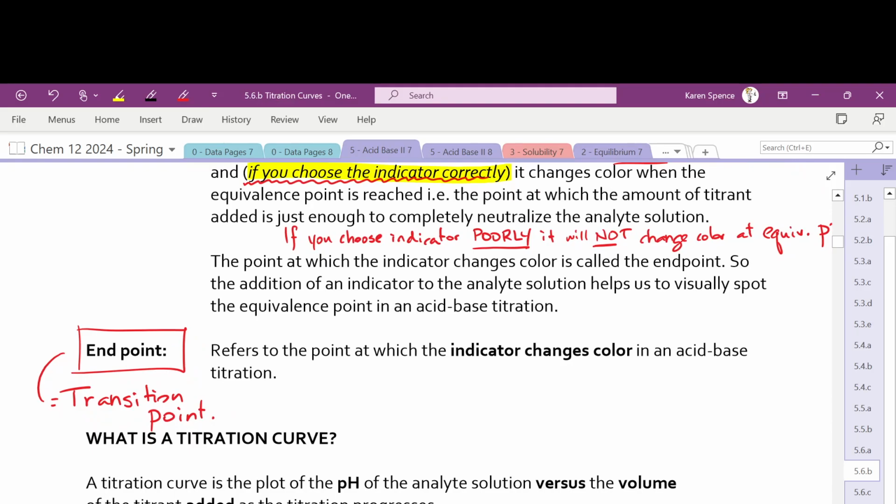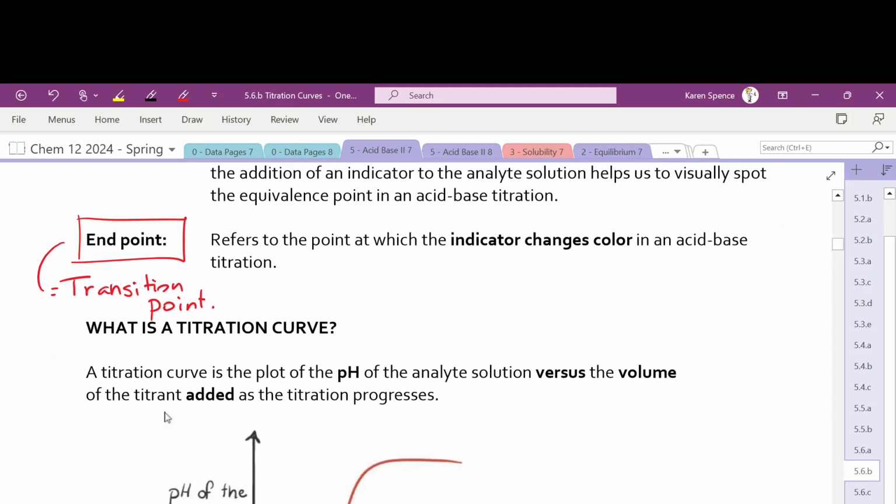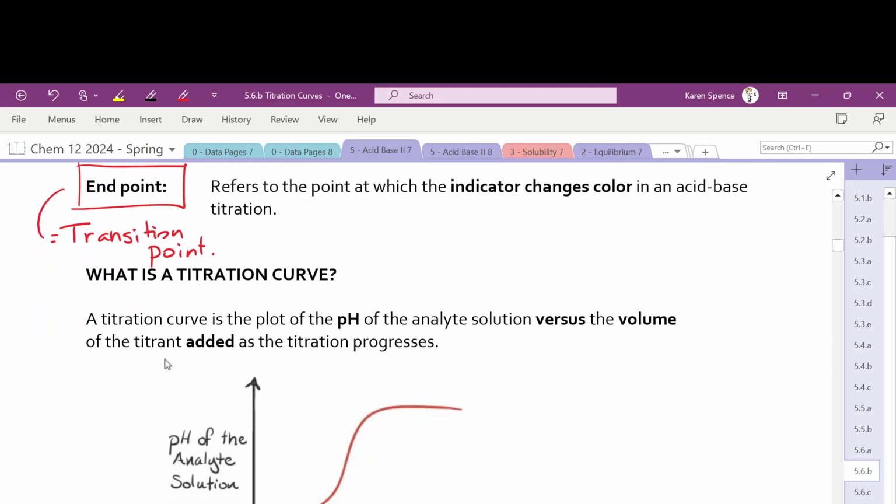So what is this titration curve? Well, we take the plot of the pH and we graph it. If we have our base, and in our flask our acid, does it make sense that when we're measuring the pH, the pH starts low and finishes high as we add the base?